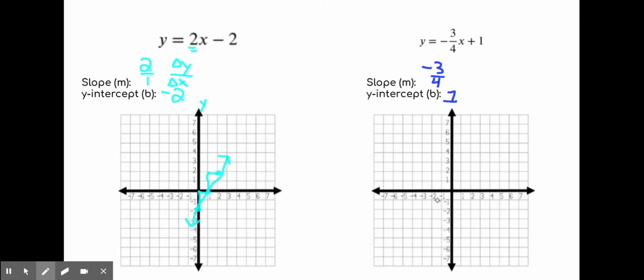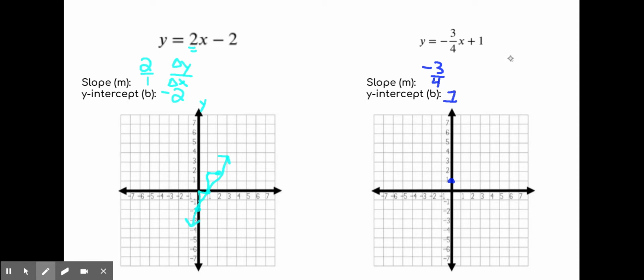Okay. So what's the next thing we do? After I identify m and b, look at your steps, tell me what we do next. We put b on the y-axis. So I'm going to go up 1, and I'm going to put a point on the y-axis at 1.